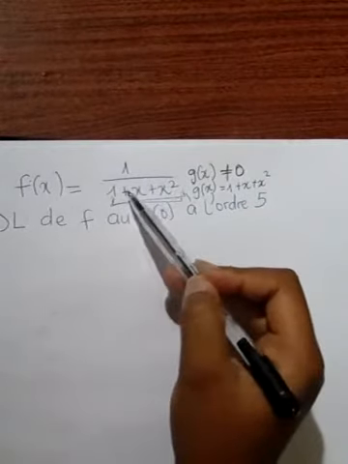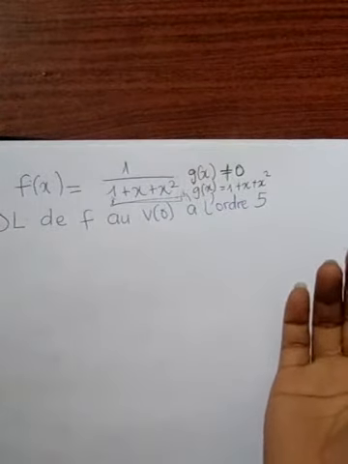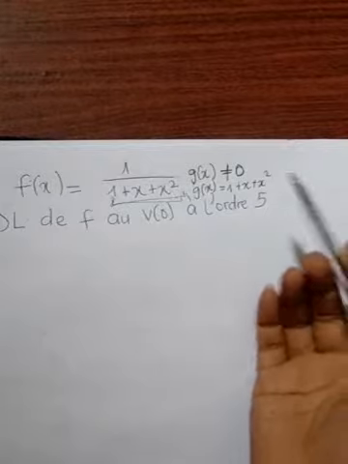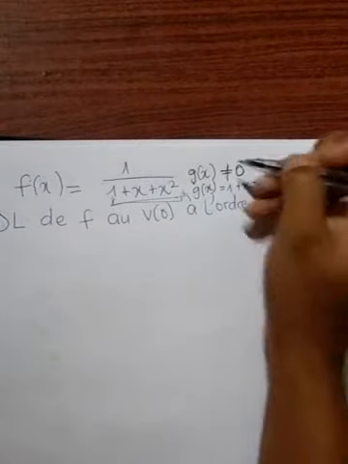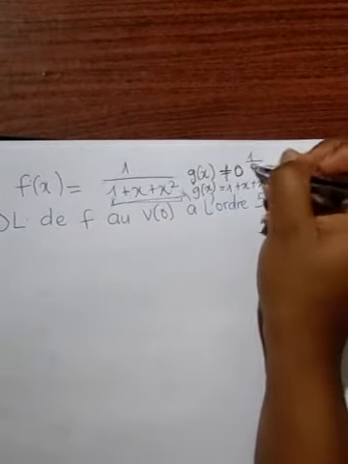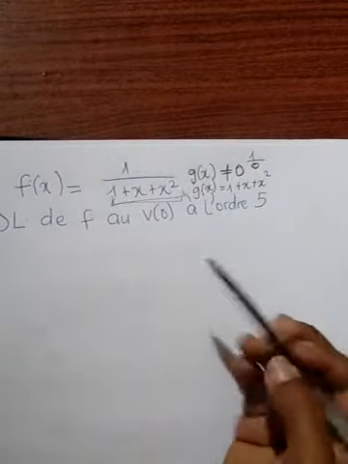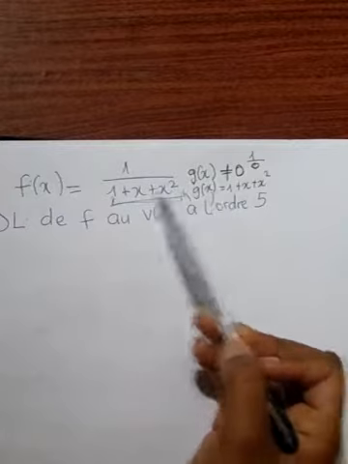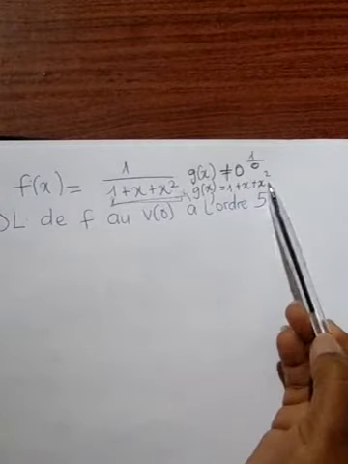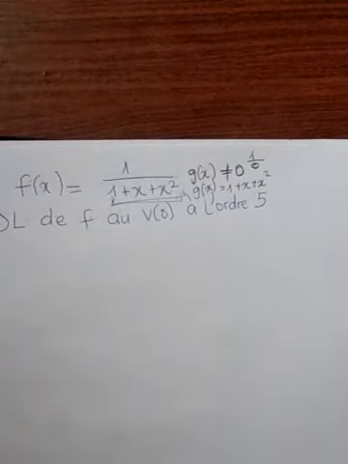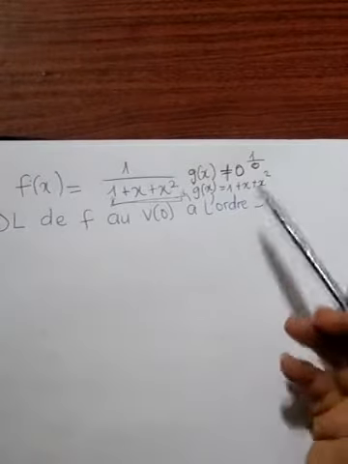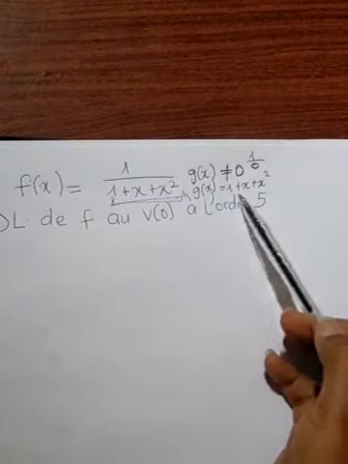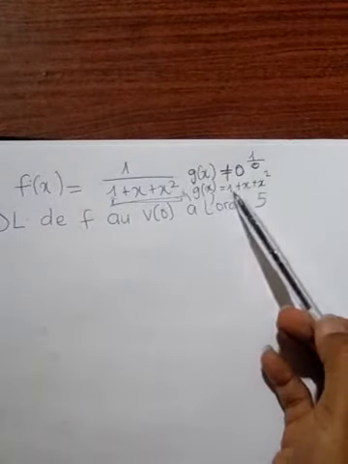If it's 1 over 0, we can't divide. So our g of x in this case, which is 1 plus x squared, for us to be able to divide, it has to be different from 0. And in this case, we can see that it is different from 0.